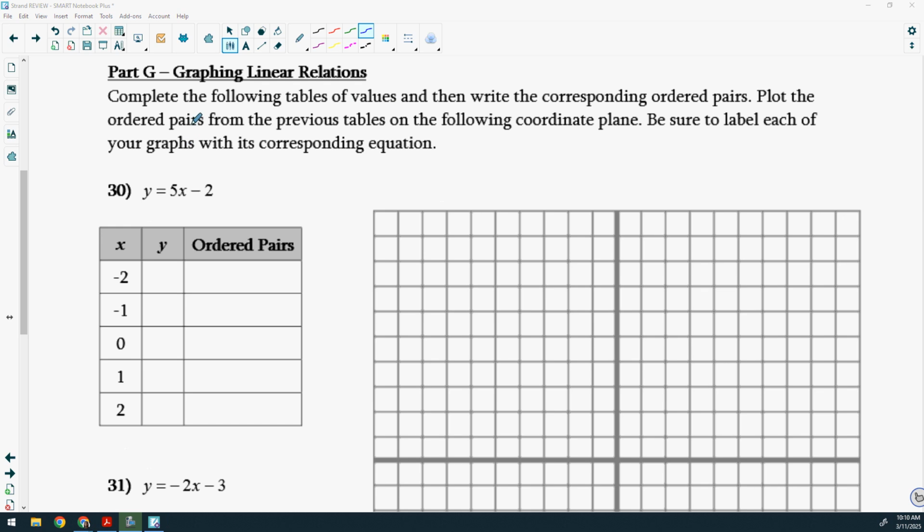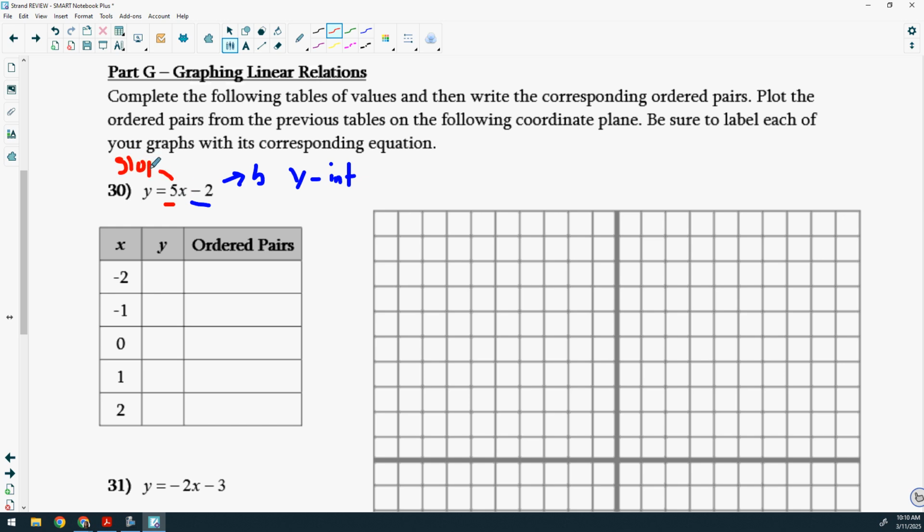Part G, graphing linear relations. So this recalls our y equals mx plus b unit. For those of you guys who need a refresher, this constant is our b value, which is also known as our y-intercept. This right here, the coefficient attached to our x, is also known as our slope.